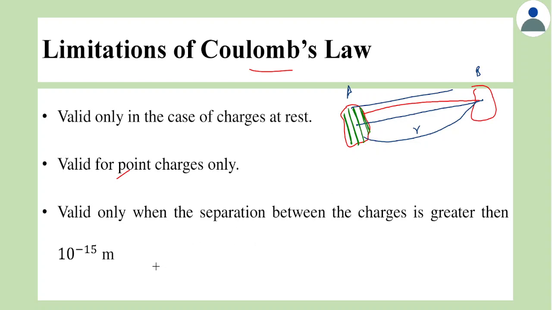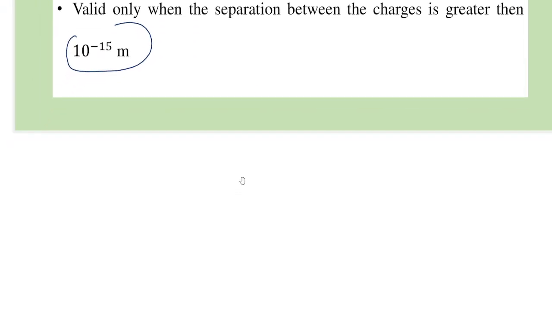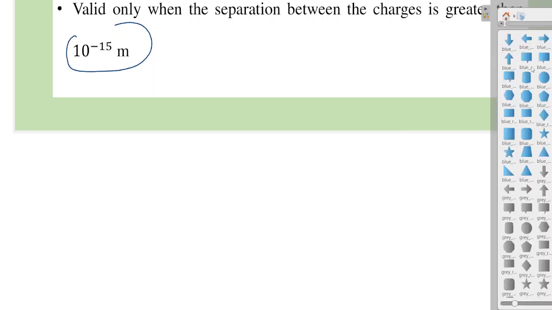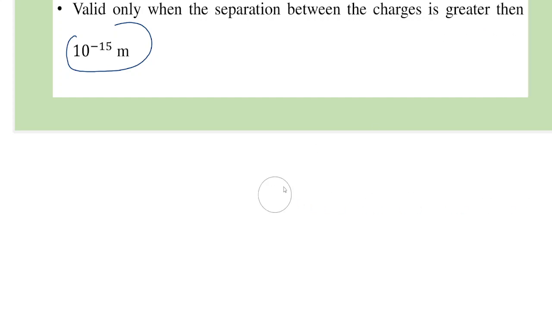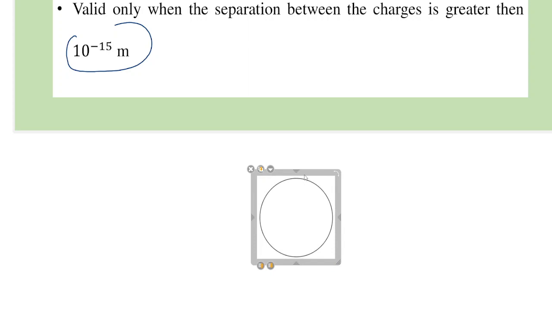The third point is, it is valid only when the separation between charges is greater than 10 power minus 15 meter. That is because if you look at an atom, suppose imagine that this is the structure of an atom.